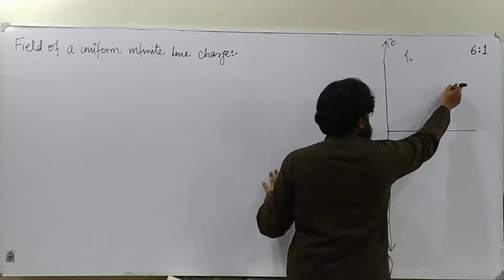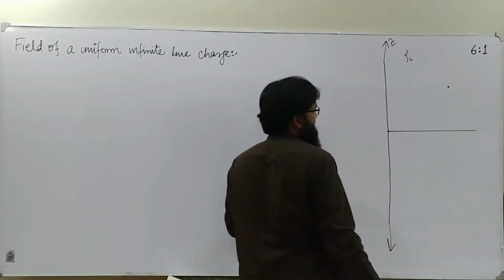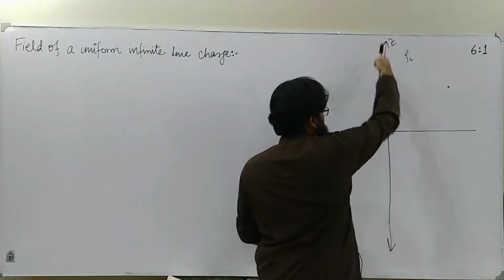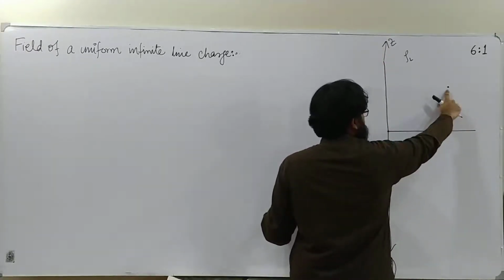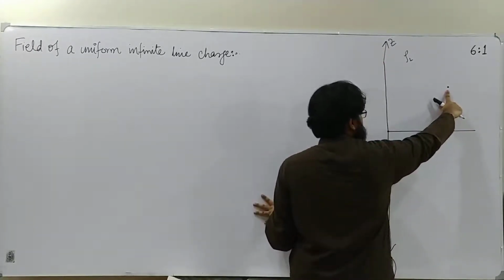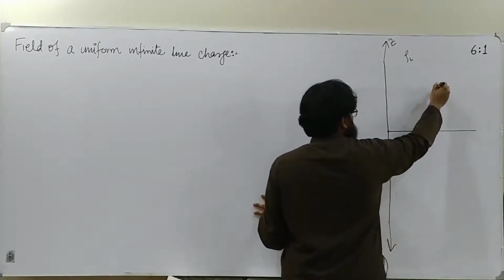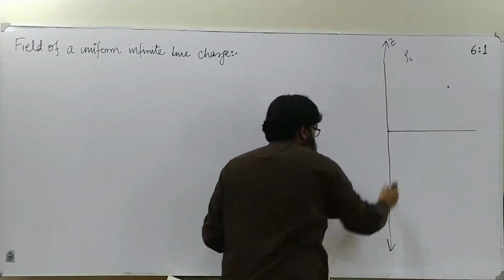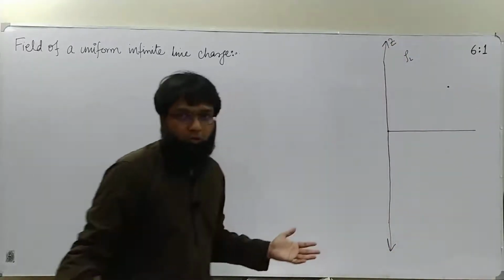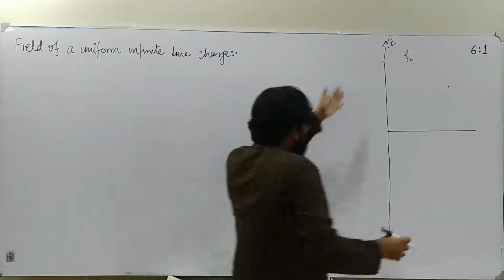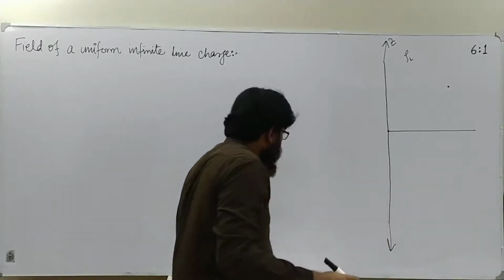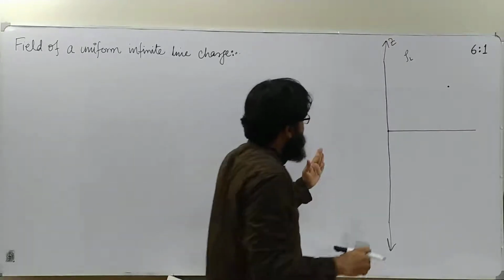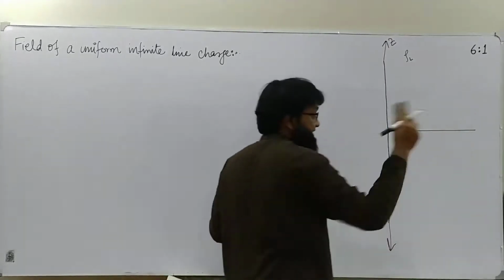If we want to find the field at any point, if we put the line charge on the z-axis, and we have the field point anywhere, then the perpendicular distance between this field point and the line charge, or the z-axis, would be rho. That way we'll be able to use the line charge as the central axis for this cylinder.